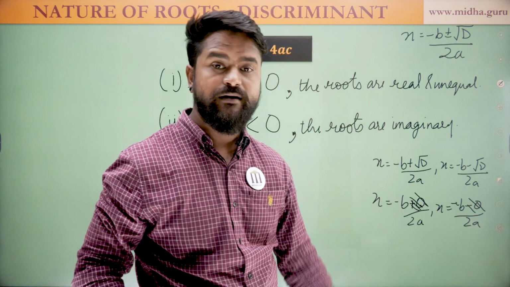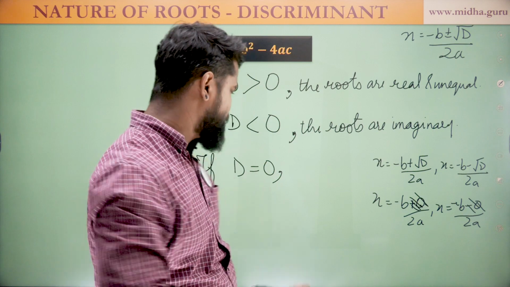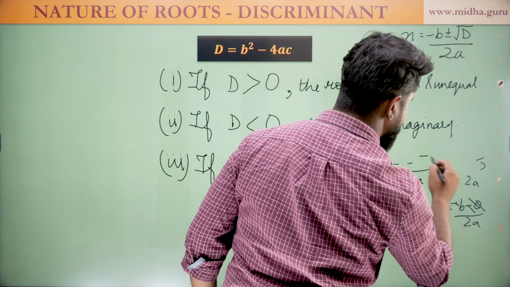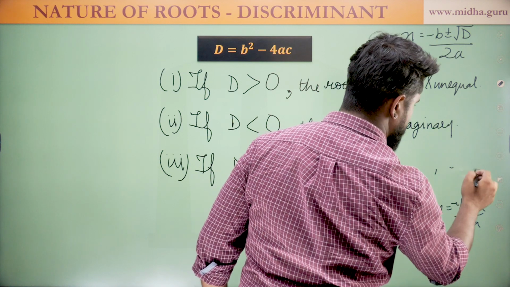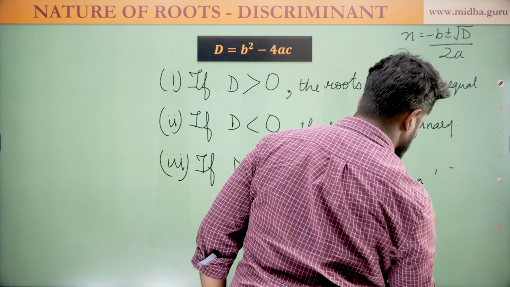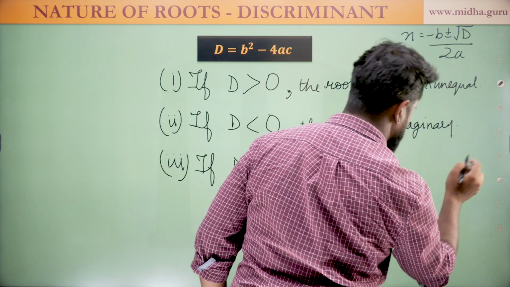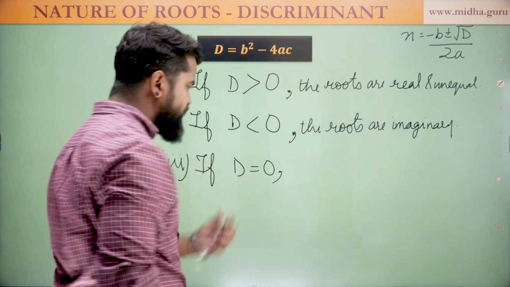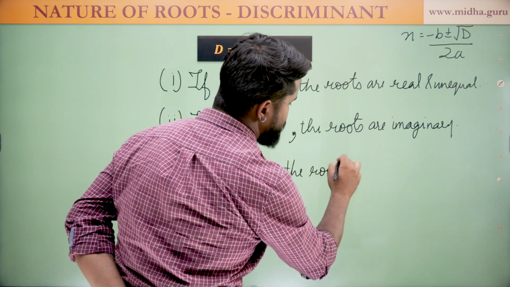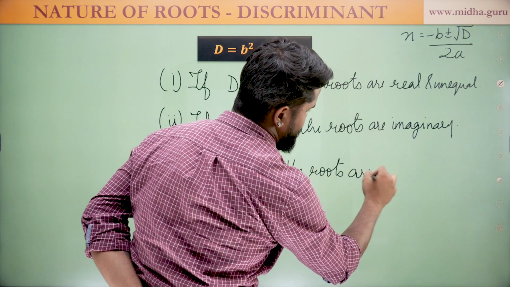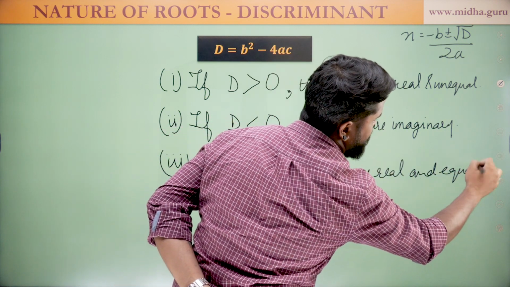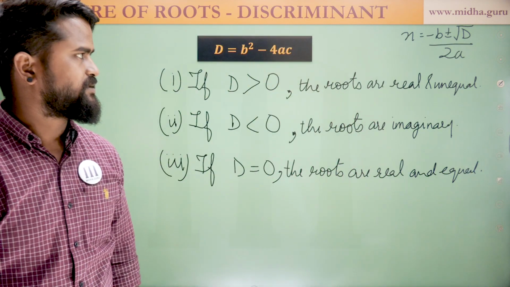They are minus b by 2a, which means that in this case, just a second, I'll erase all this from here. So if d is in fact equal to 0, we can say that the roots will be real numbers, right? But they will both be equal to each other.